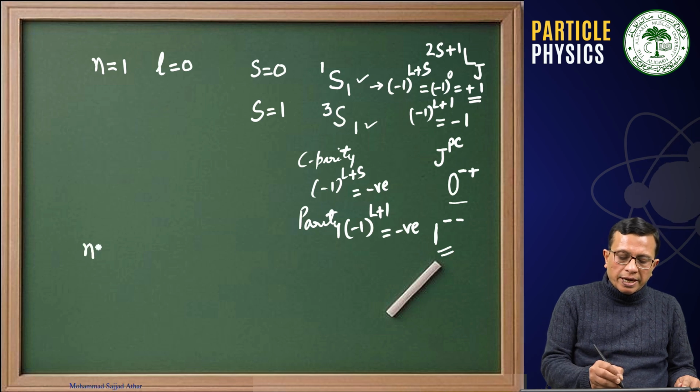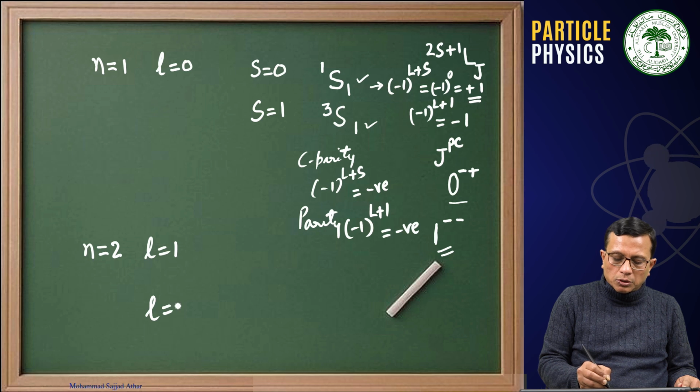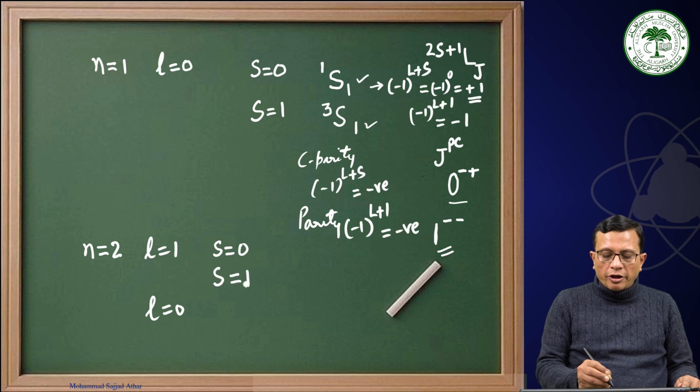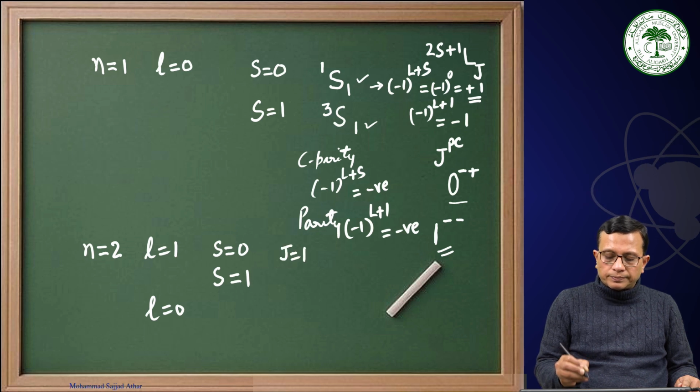Similarly, if we talk about n equal to 2, then it will give us L equal to 1 and L equal to 0. For L equal to 1, spin can again be 0 or 1. Now if L is 1, S is 0, J is 1, then parity is minus 1 to the power L plus 1, that is 1 plus 1, which is even.